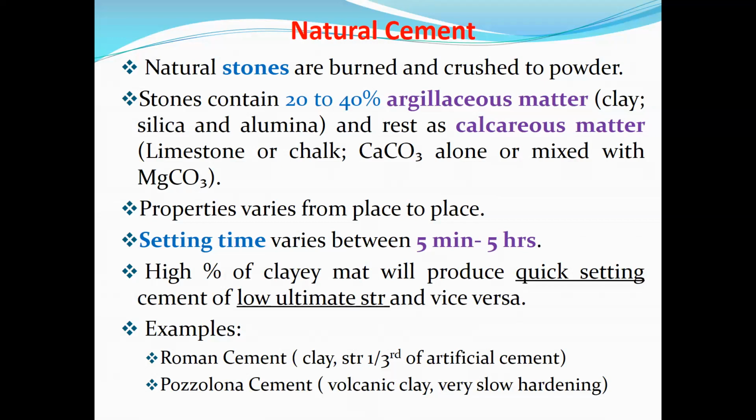So that clay was able to make bond. The problem with pozzolana cement was that its hardening process was very slow. Hardening means the gaining of strength. So in pozzolana cement, the strength gaining process was very slow. So that's all about natural cement. Before the invention of artificial cement, or present cement, people used either lime or natural cement, which they got from natural stones.